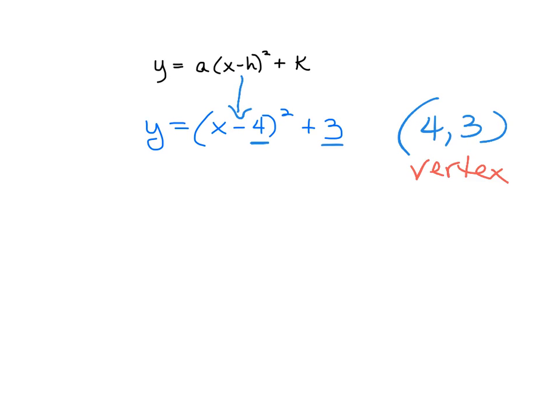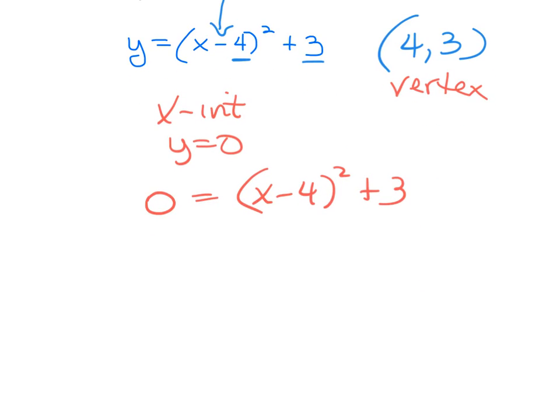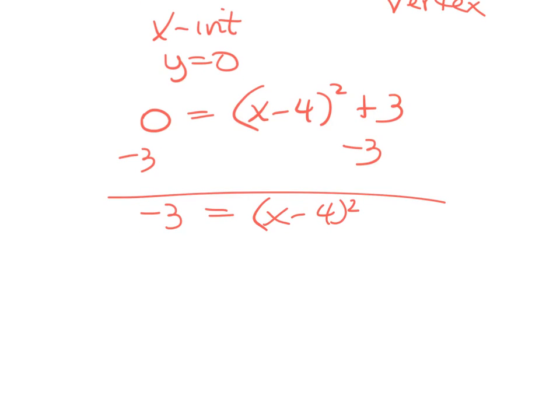Now to find the x-intercepts, I'm going to set y equal to 0. So 0 equals x minus 4 squared plus 3. I'm going to move the 3 over, and I'm going to use the square root method. Square root both sides.